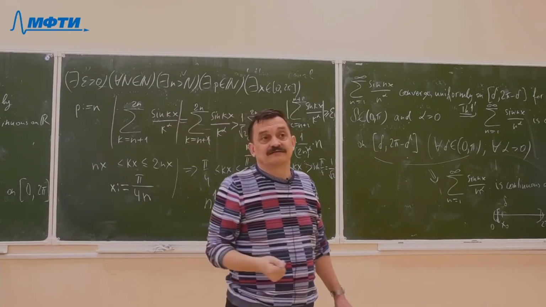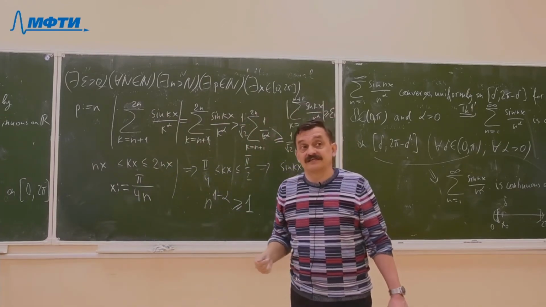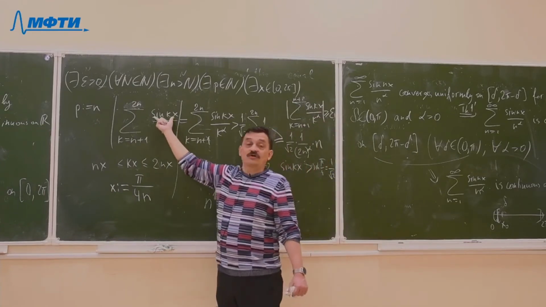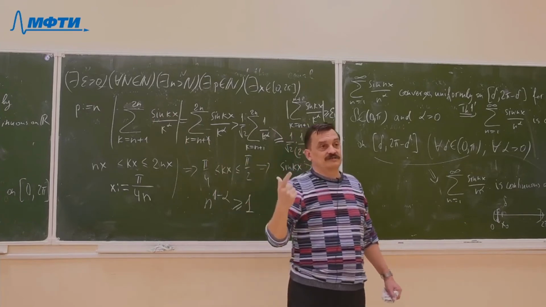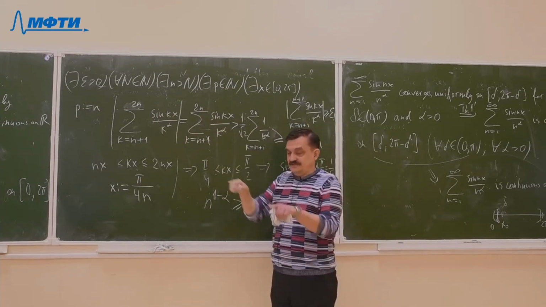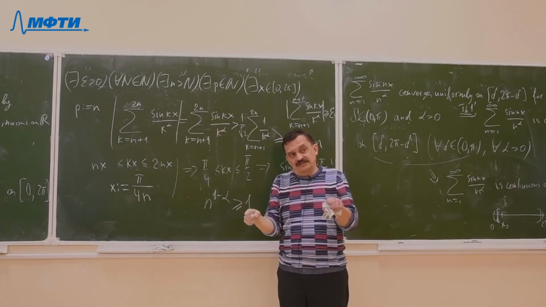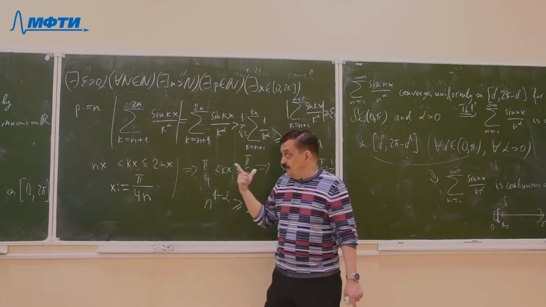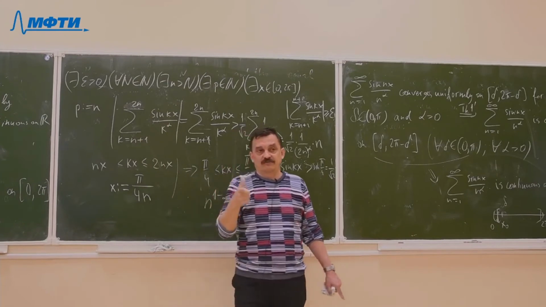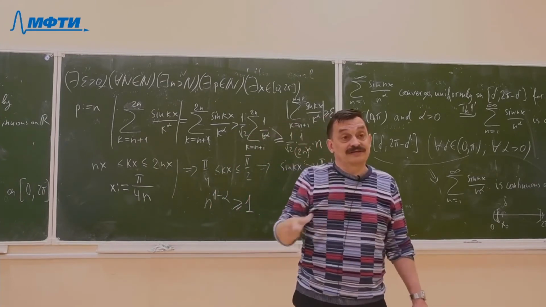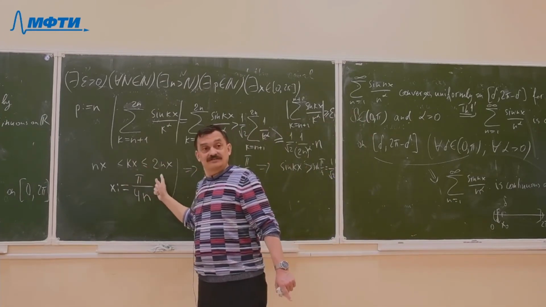But for that reason, you need to be able to control values of sine. That's how we proceed. So the number of terms tends to infinity, but what's important, we can control values of sine for all those things.